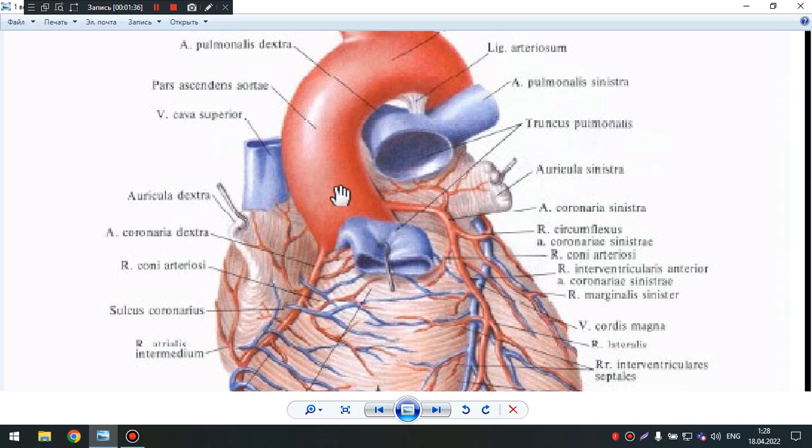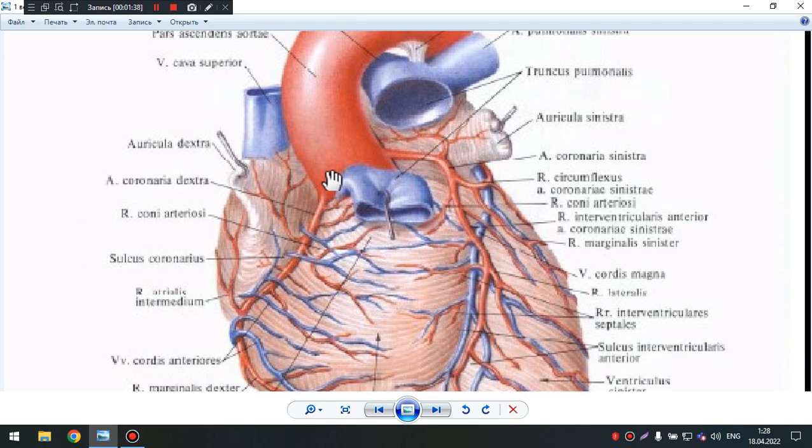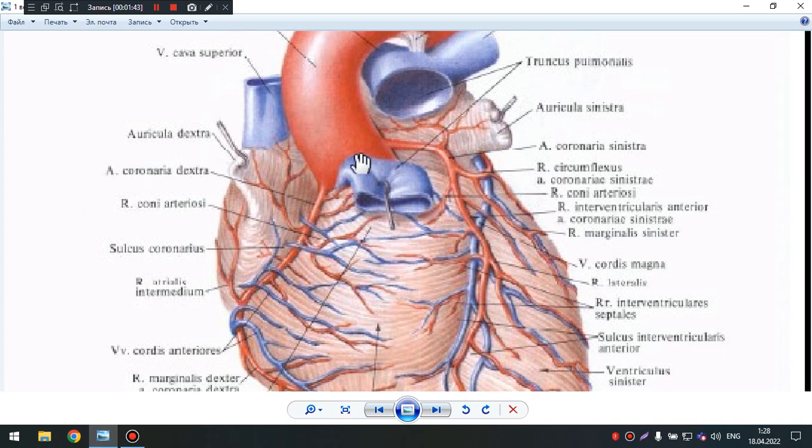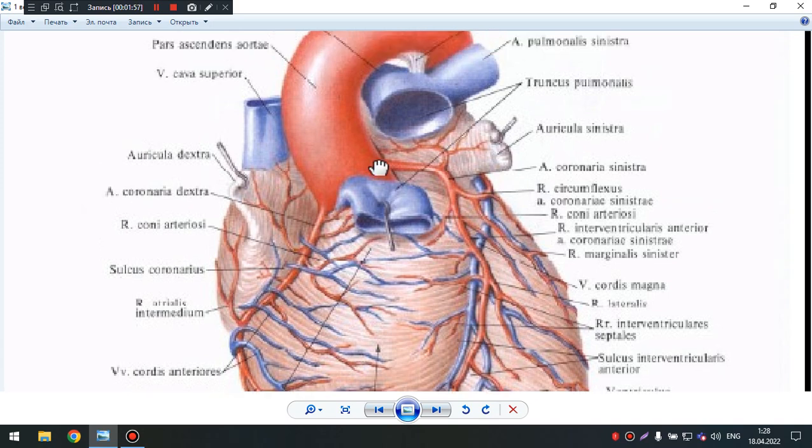From the beginning part of aorta, which is called aortic valve, originate 2 arteries, right coronary artery and left coronary artery, which blood supply the heart.